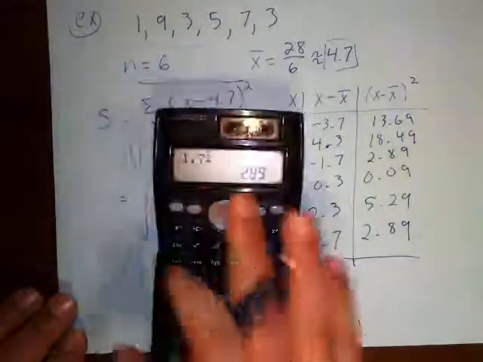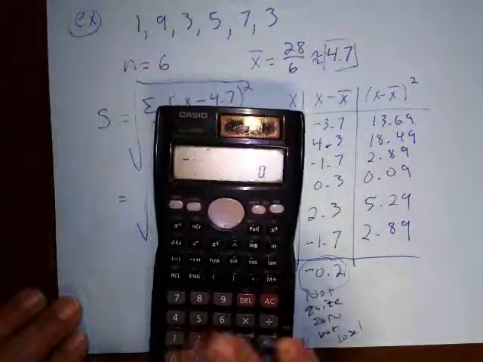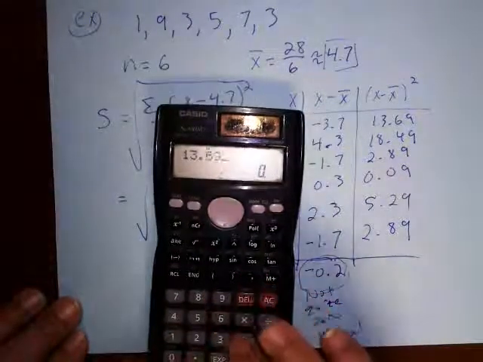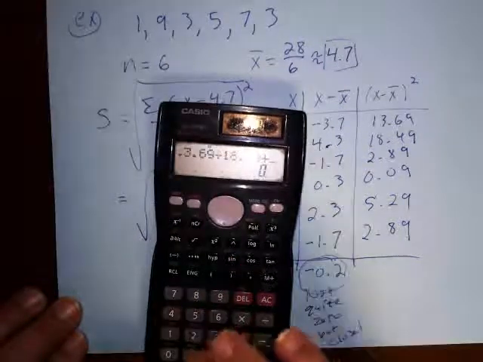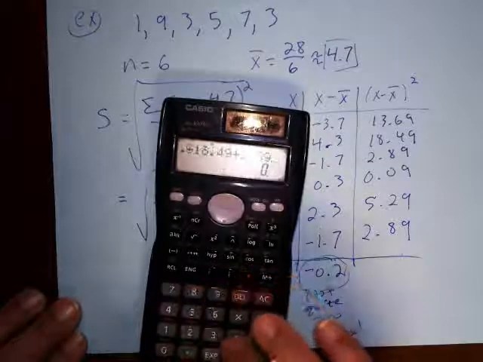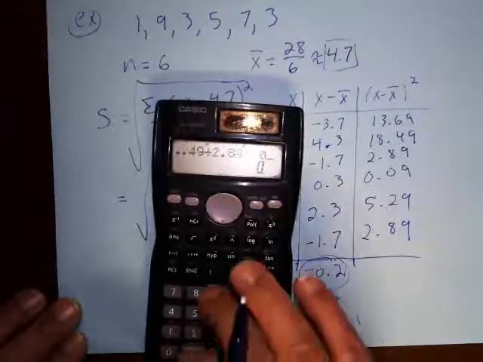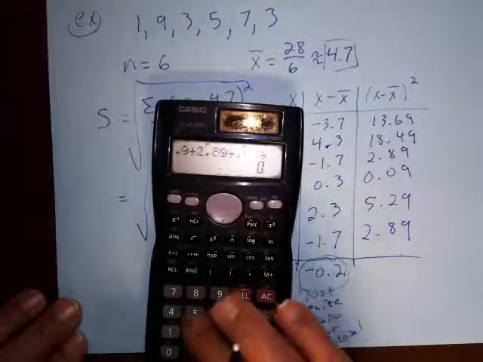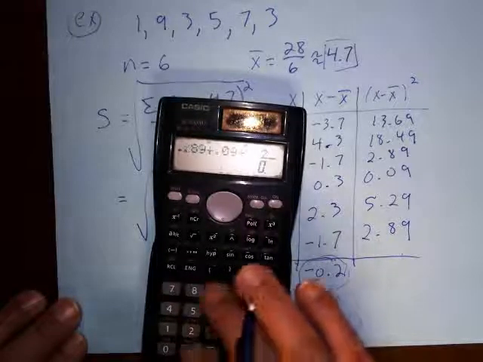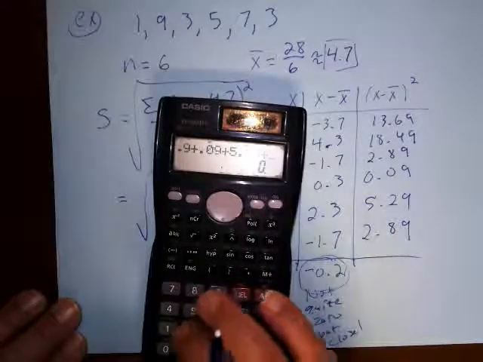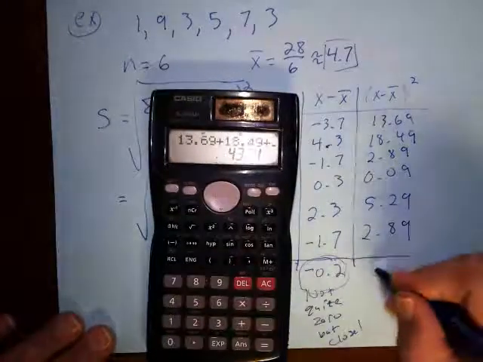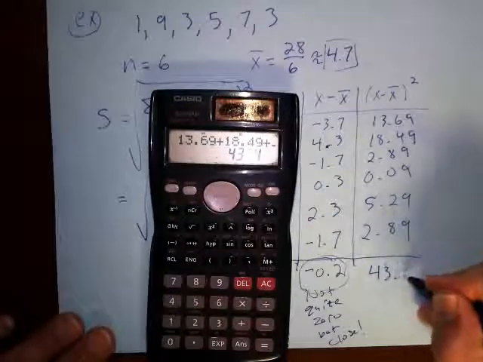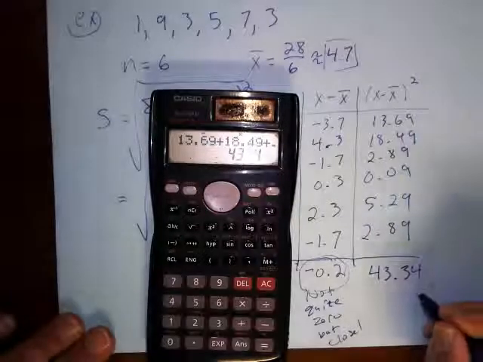So now I need to add those together. So 13.69 plus 18.49 plus 2.89 plus 0.09 plus 5.29 plus 2.89. So add those up, looks like I get 43.34.